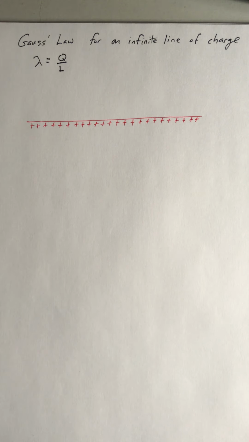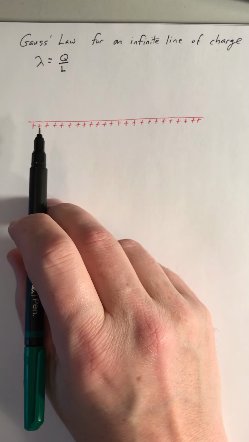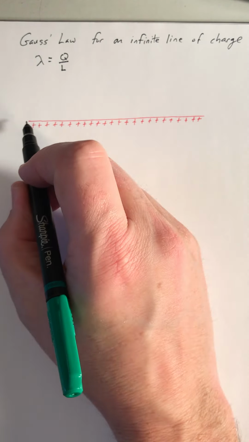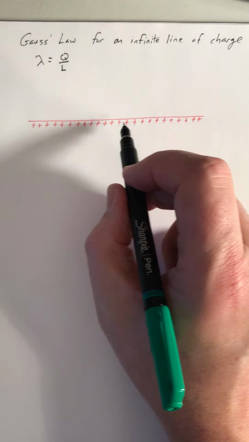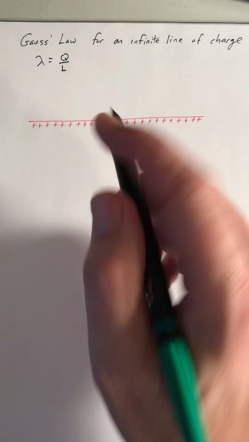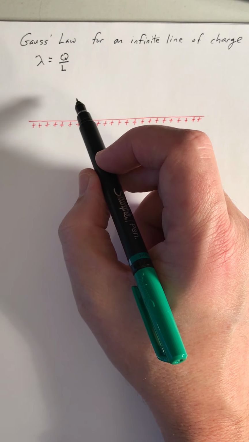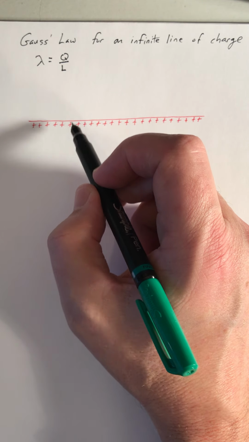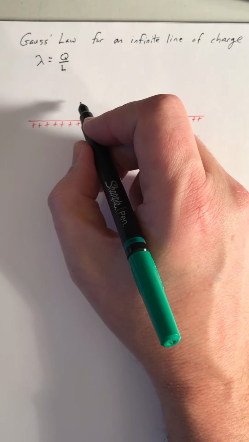Now, applying Gauss's law, we need to pick a surface that we're going to apply Gauss's law to. And I want to pick a surface that shares the same sort of symmetry as this line charge. I want to have a surface where I'll have points that are all an equal distance away from the line charge.